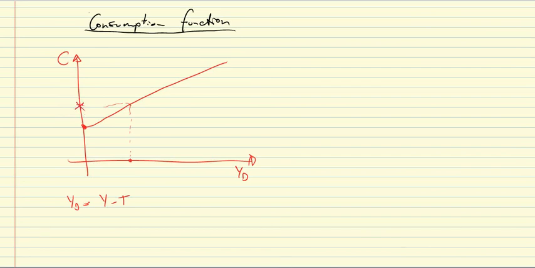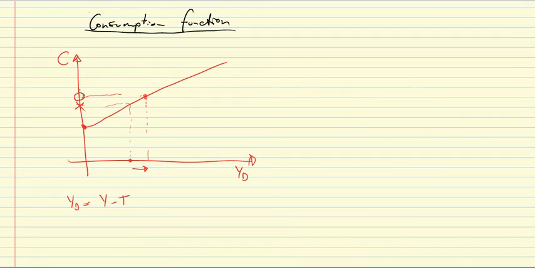Now, if disposable income of households rises by this amount, consumption would rise by this amount. I'm going to denote this point by the circle.